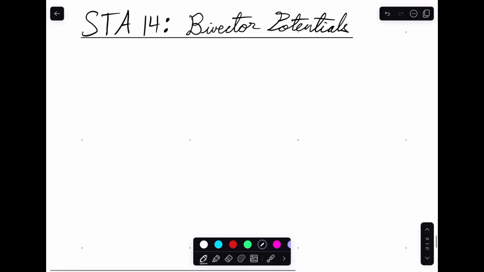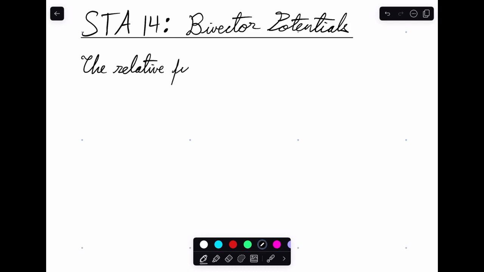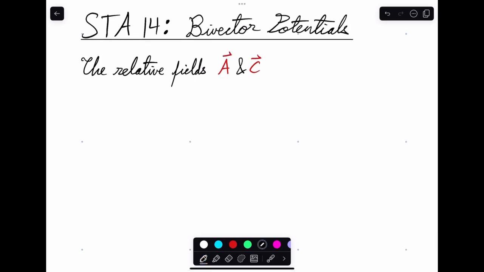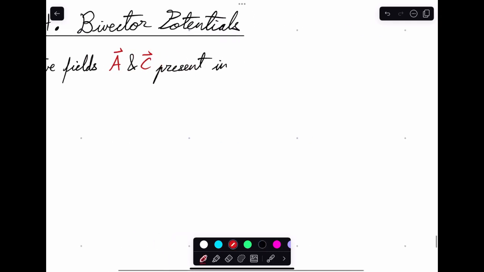So first we look at the relative fields A and C present in AE and AM.